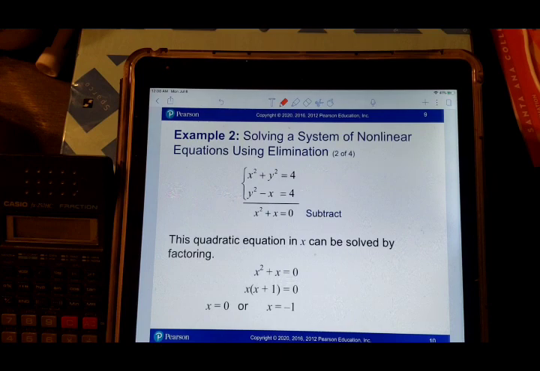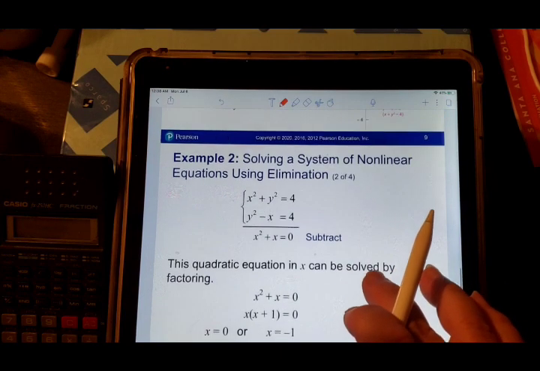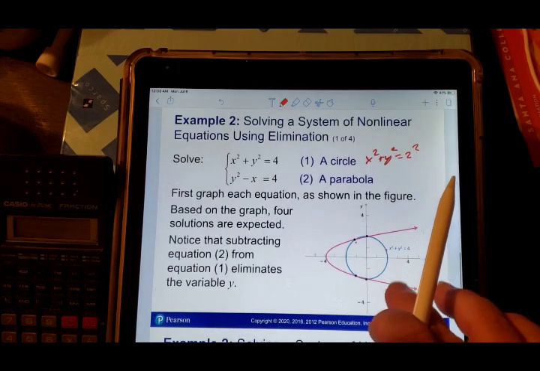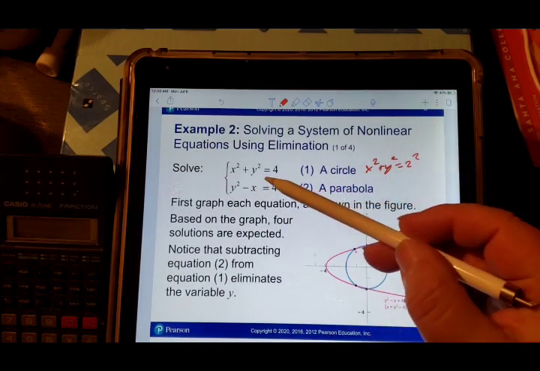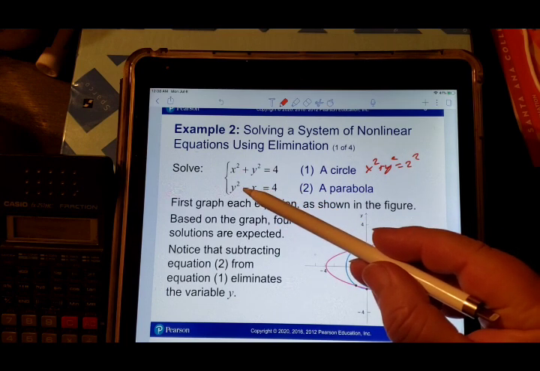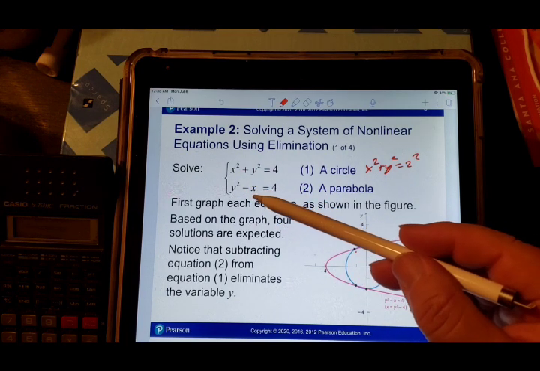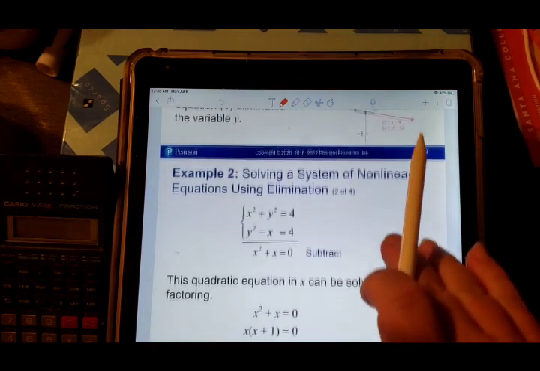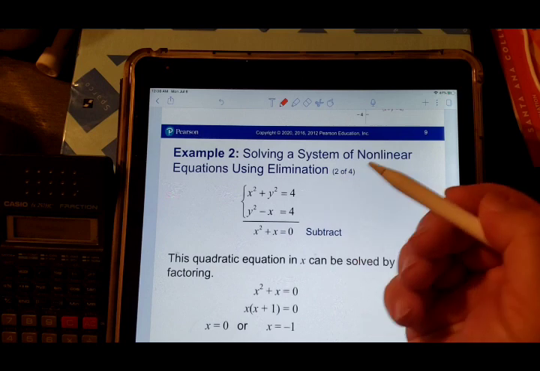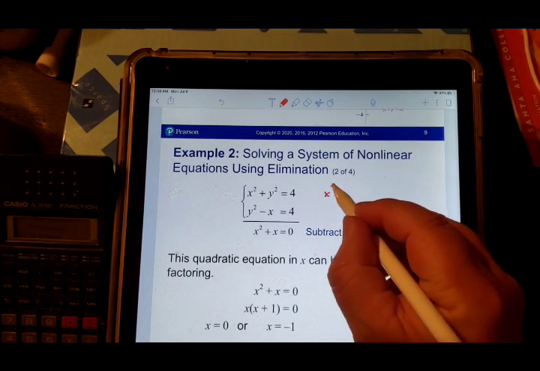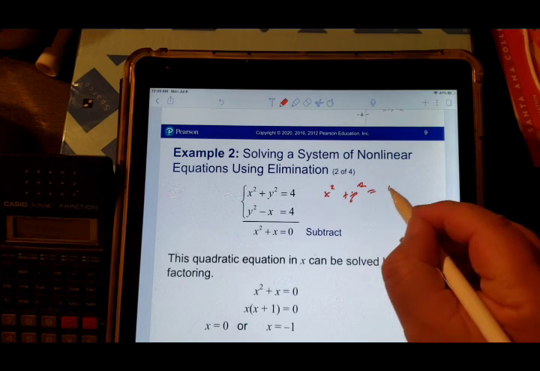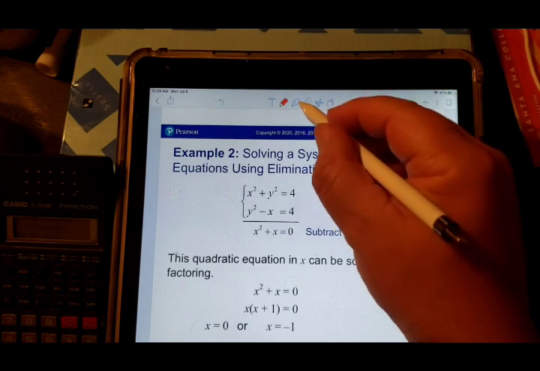All right. So because the y's are both squared, we can use elimination. It looks a little unusual, the way they did this. So let me add, for the right, x squared plus y squared equals 4.